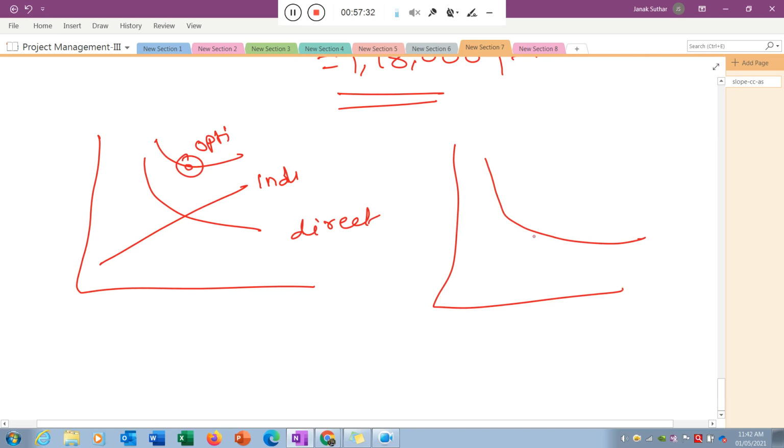If there is more time, the cost will be less. If the cost is more, the time will be less. By use of that you can reduce any project, but you need to check what is the feasibility, what is the cost increment, and whether it is feasible for your company or not. All the things you need to check, and you can apply this concept.